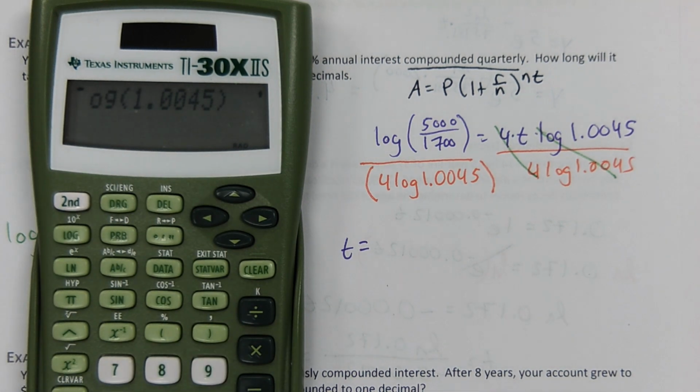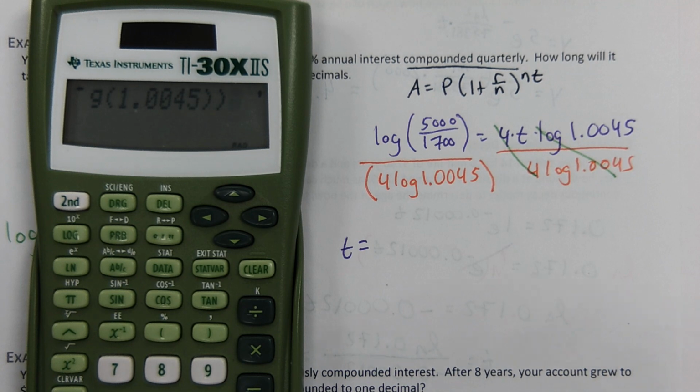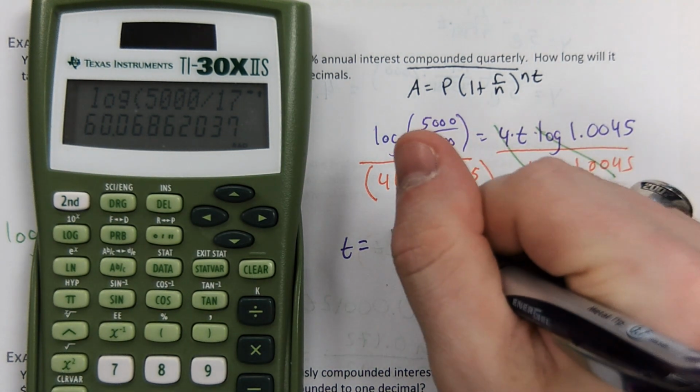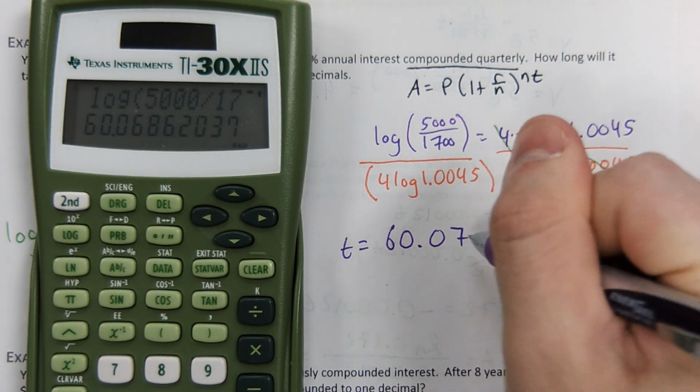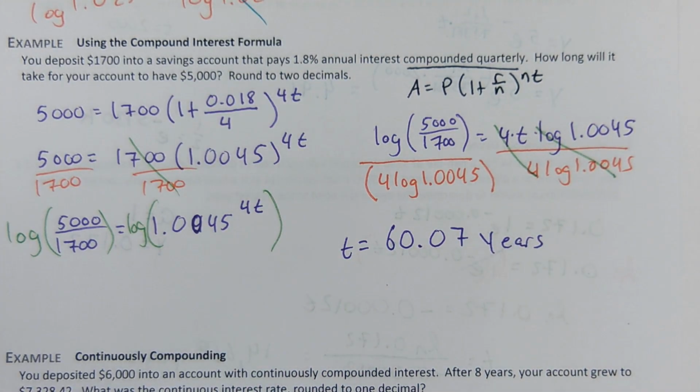That finishes the logarithm. That finishes the denominator. That finishes the question. 60.07 years. 60 years to go from 1700 to 5000.